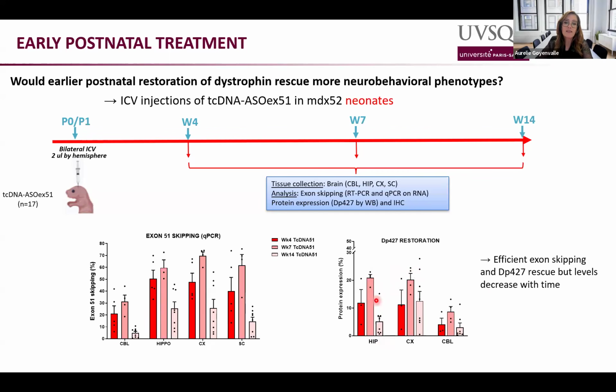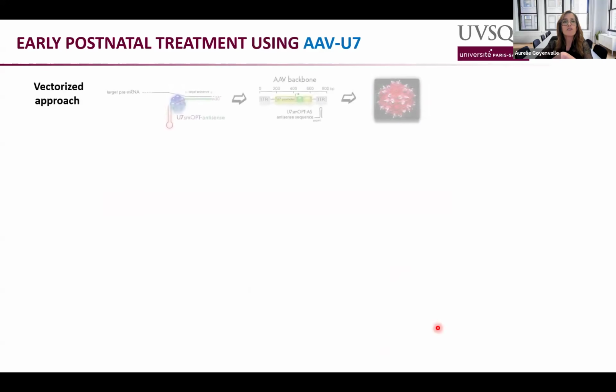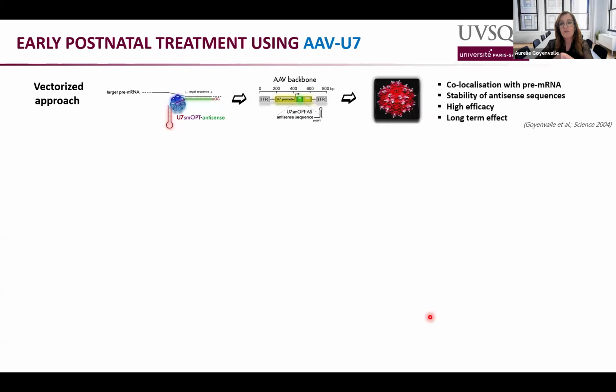And so in the time where we wanted to do the behavioral assessment, we have a decrease. That means that we would need to re-inject the mice ICV again, which is something that we can do, but we wanted to investigate eventually an alternative method that would induce a longer-term restoration.